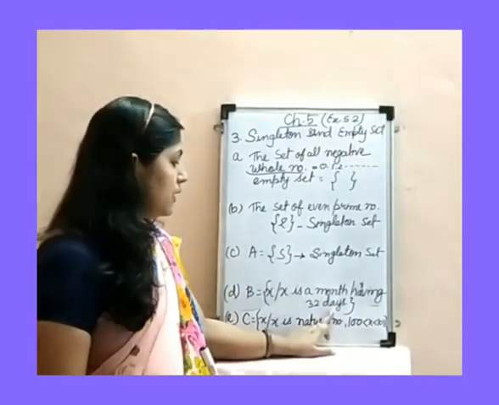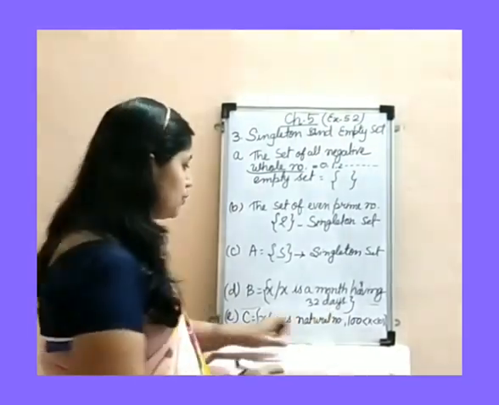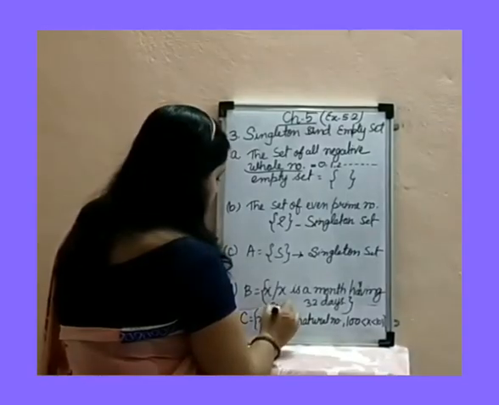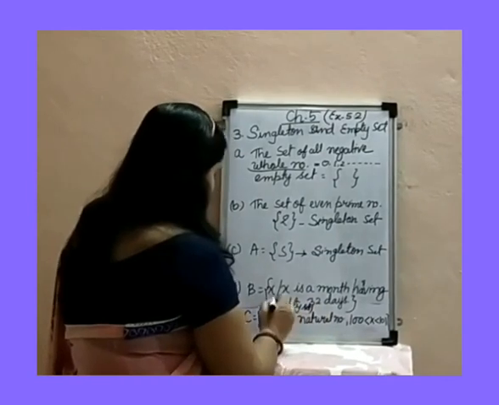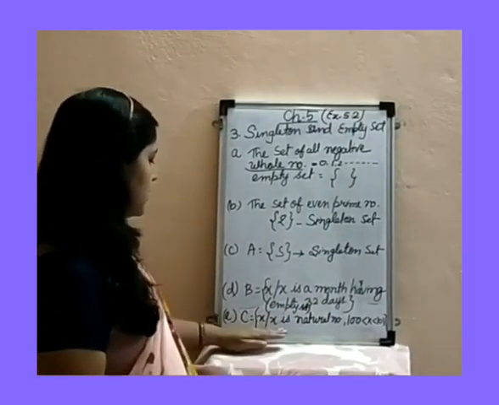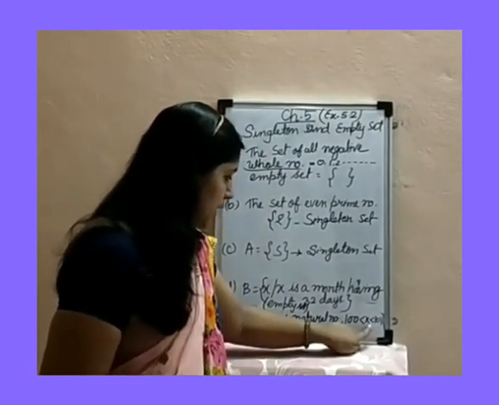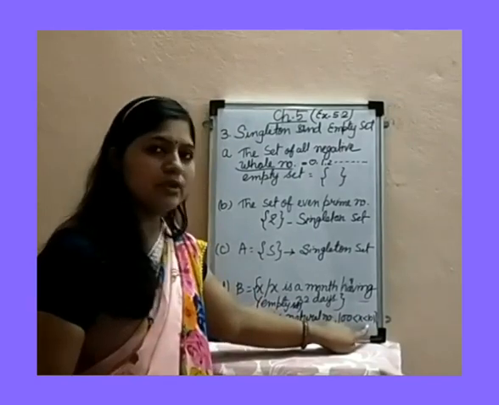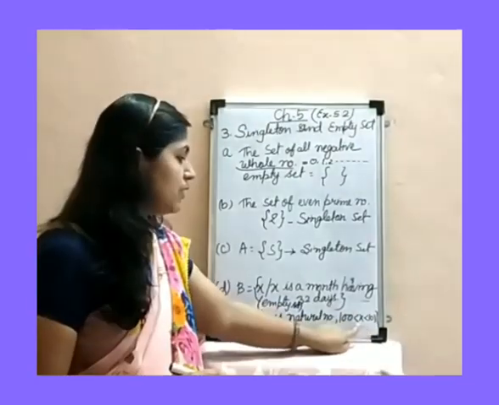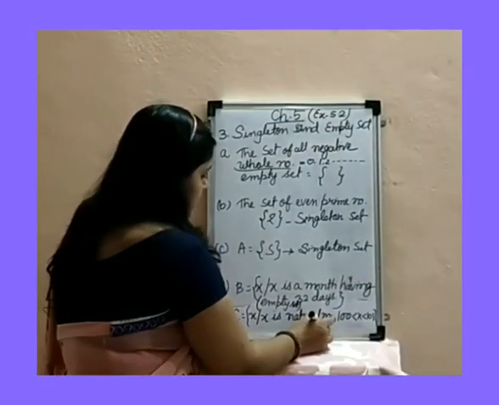There are 12 months in a year and there is no month which has 32 days, so it will be an empty set. Now the last question is x such that x is a natural number, x is greater than 100 and smaller than 101. There is no number between 100 and 101, so this will also be an empty set.